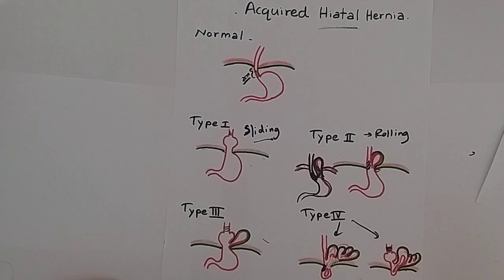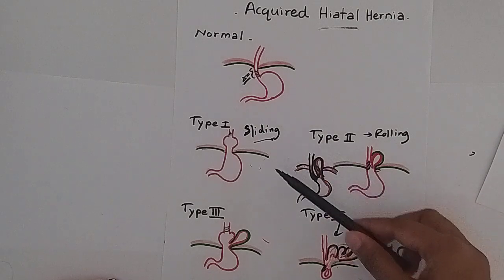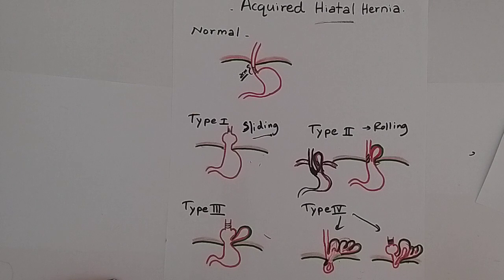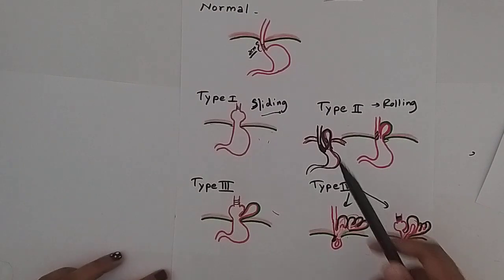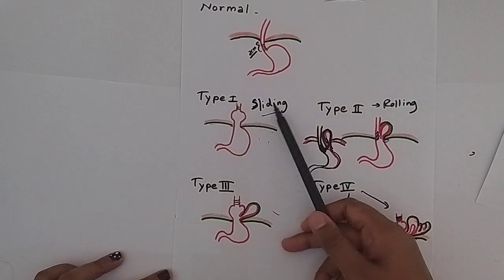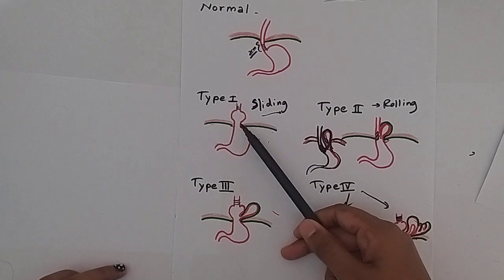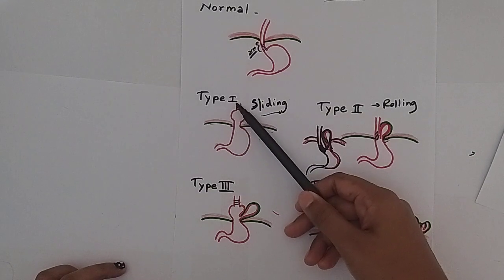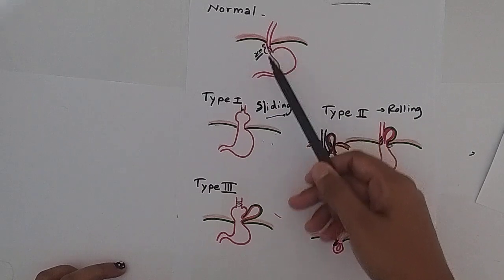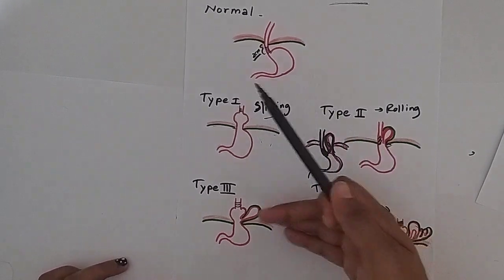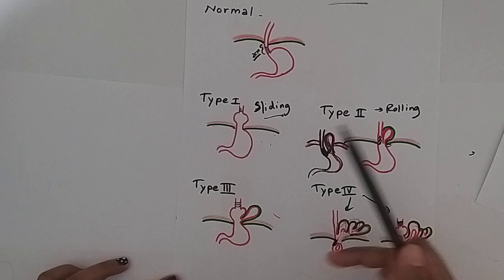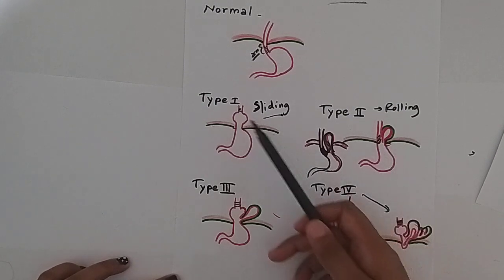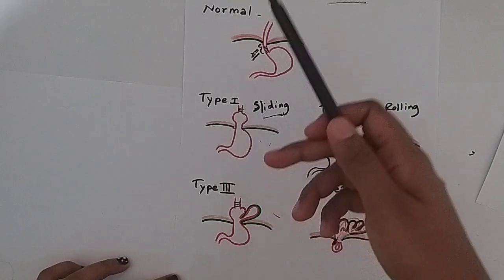There are 4 types of hiatal hernias. 2 of them are main, but we will talk about all 4. Now we will talk about the first type. It is also called a sliding hernia. What has happened is that the cardiac part of the stomach and the part of the esophagus which was below the diaphragm has slid upward through the esophageal hiatus. So the gastroesophageal junction has also gone upward.